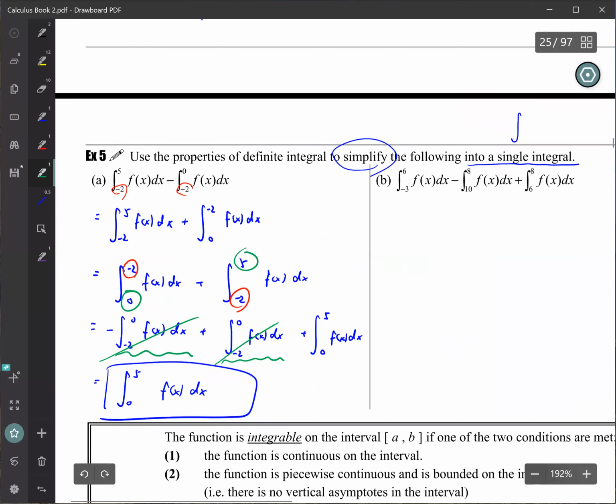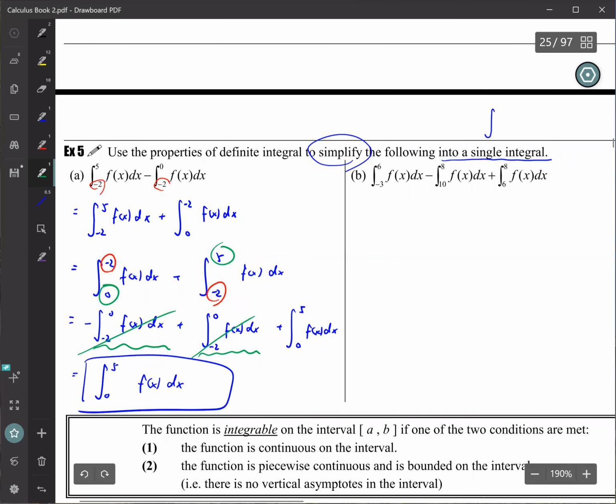Okay, so if you finish simplifying the question B, you can raise your hand. So your final answer should be just one integral.